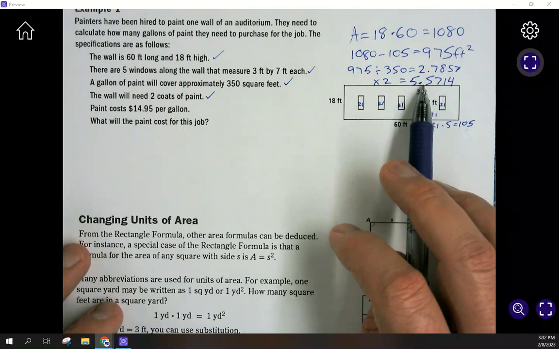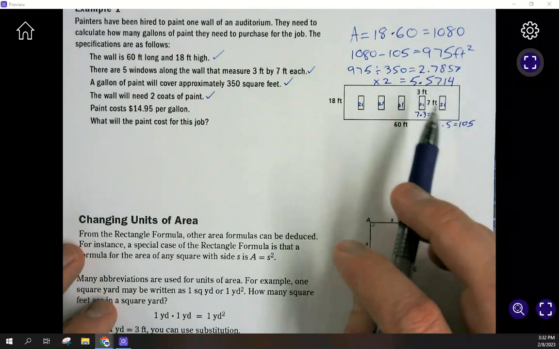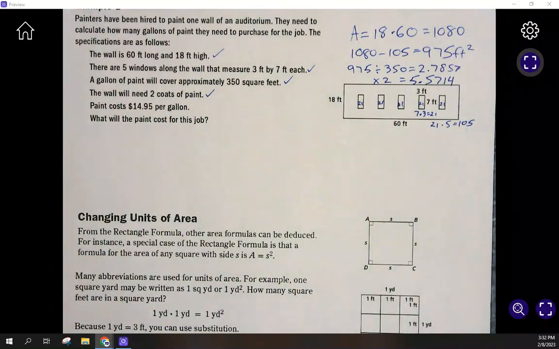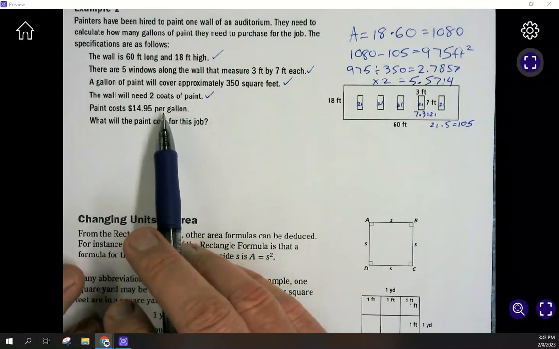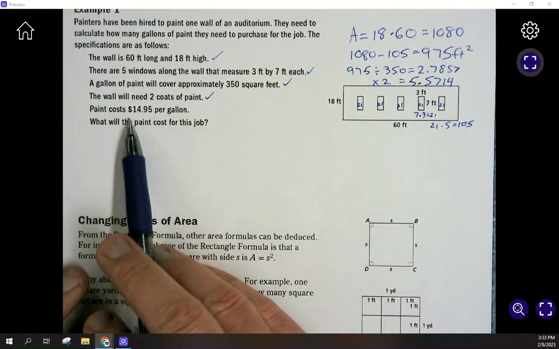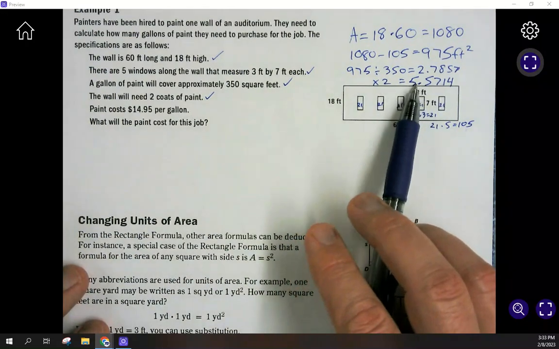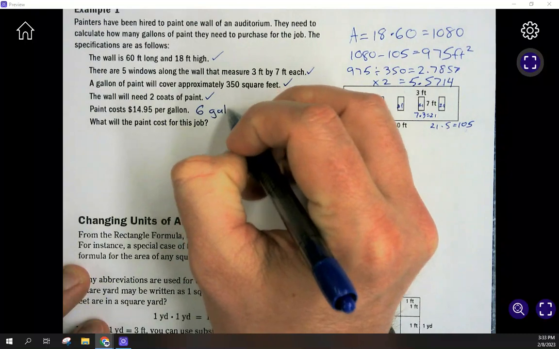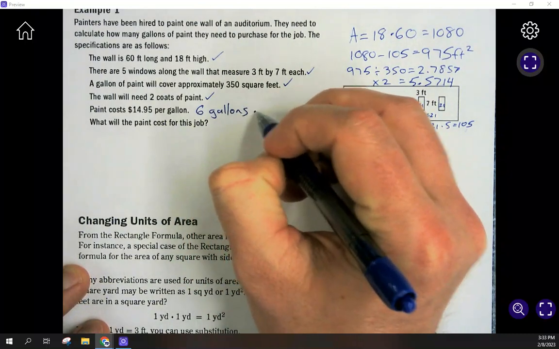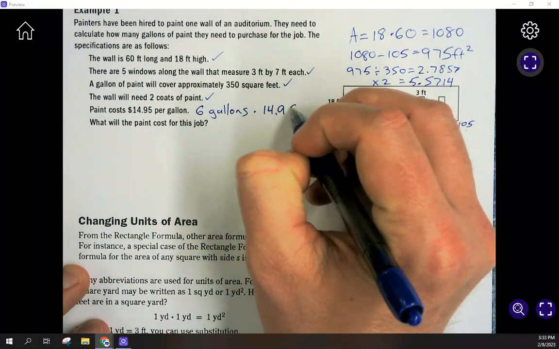Now you can't go to the store and buy 0.5714 gallons. Now there are smaller portions that you can buy, right? You can buy half a gallon and all different sizes. But for the sake of this question, we're going to say that you have to buy a full gallon. Each gallon costs $14.95. So we're going to have to buy 6 gallons total. And so we're going to times that by $14.95.